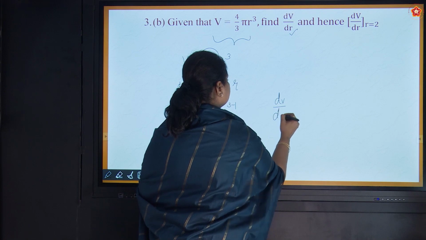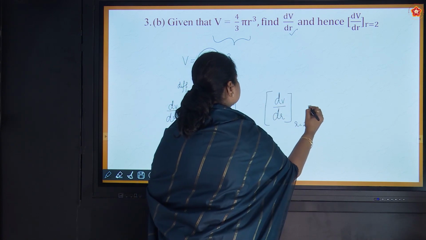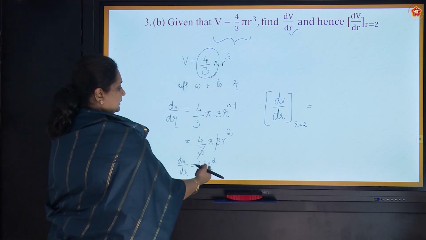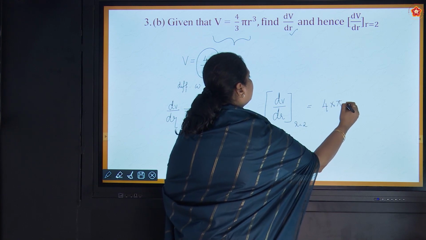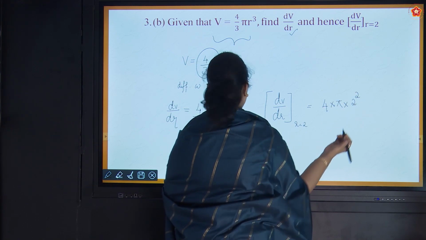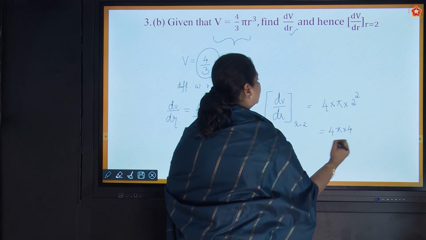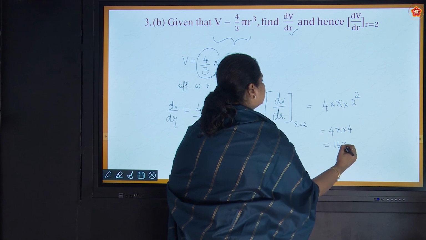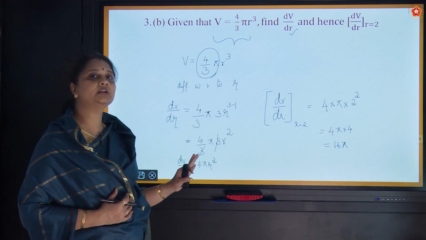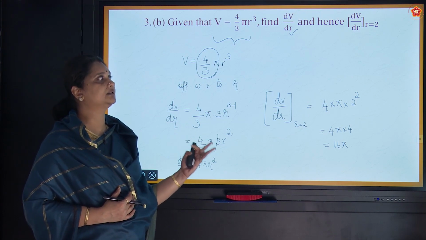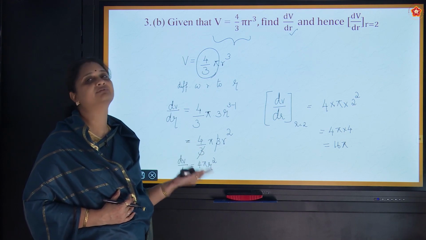So dv by dr when my r is 2 is nothing but, replace r by 2 here, it's 4 into pi into 2 square. So that is 4 pi into 4, that is equal to 16 pi. So it's just simple differentiation. In case you are asked to find the derivative at a particular point, replace the value for the variable and find the answer.